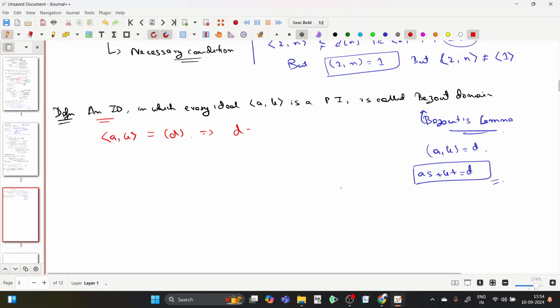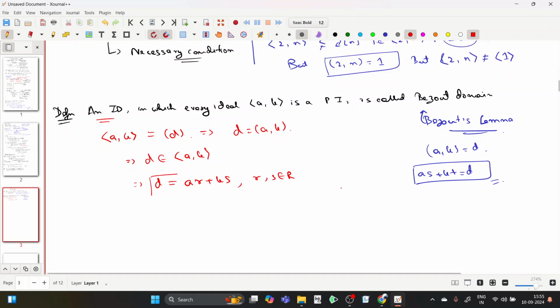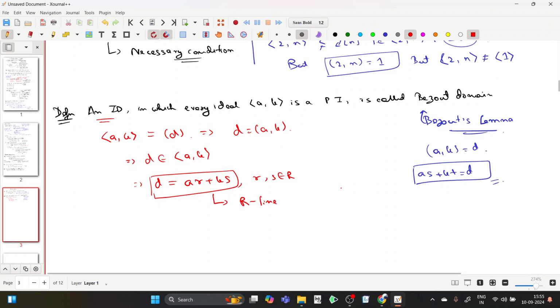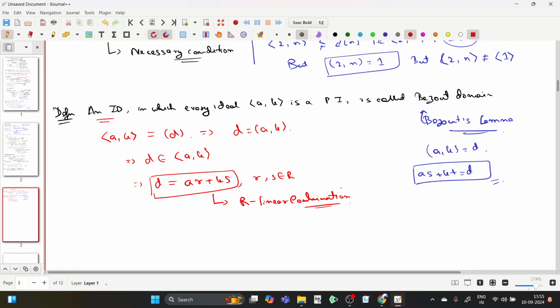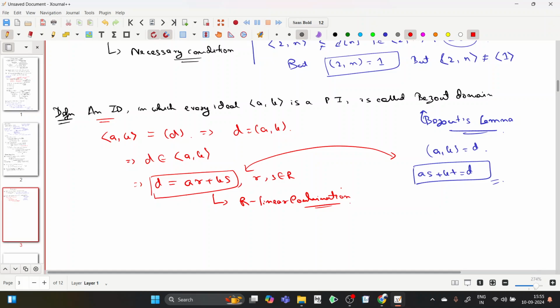So this implies that D is the GCD of A and B, and moreover, since the ideal generated by A and B is equal to the ideal generated by the GCD, this means that D is contained in the ideal generated by A and B, which in other words says that D can be expressed as a linear combination, let's say AR plus BS, where R and S come from R. So D can be expressed as a linear combination of A and B in R. This is what we call an R-linear combination, which is exactly what it resembles in terms of the Bezout lemma.